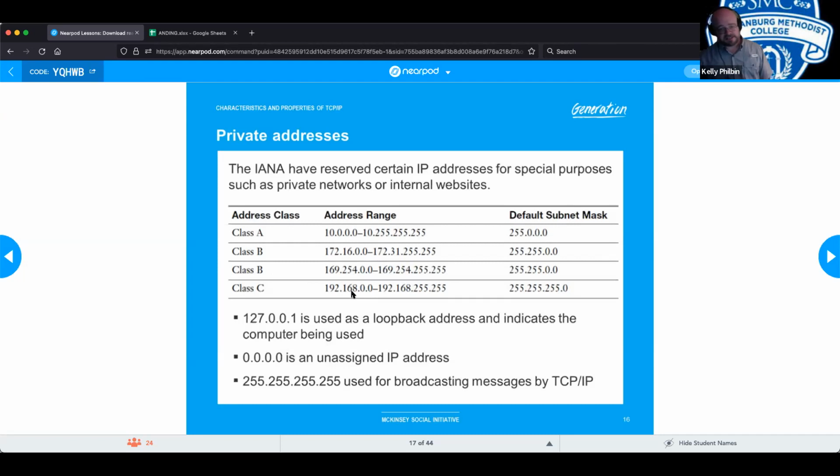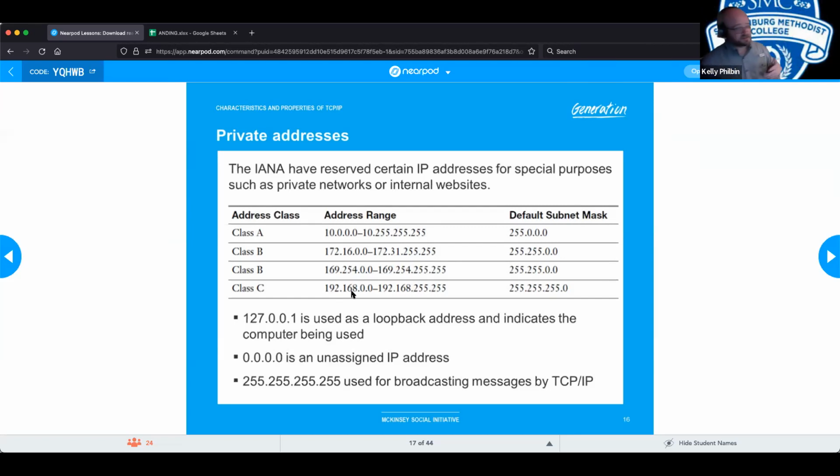So what happens is, this is some of the stuff that they've done to try to allow us to use so many computers over the internet. You have the public address, which is the address that is routed over the internet, and you have the private address, which works inside your network. When you're communicating inside your network and you hit your border router, it changes your IP address to the public facing IP and sends it out.